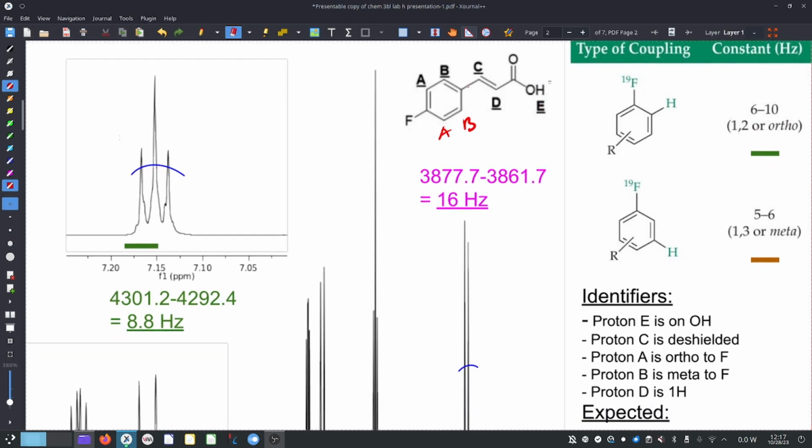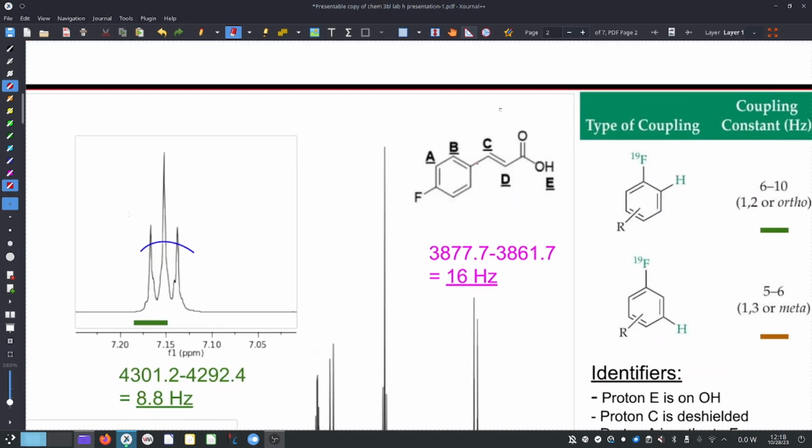Protons C and D are part of the alkene, and then protons A and B are part of the aromatic ring. One thing to note is for protons C and D, you can use resonance, and you can find out that C should be deshielded, because what you get in the end is the aromatic ring, but now you have a positive charge.